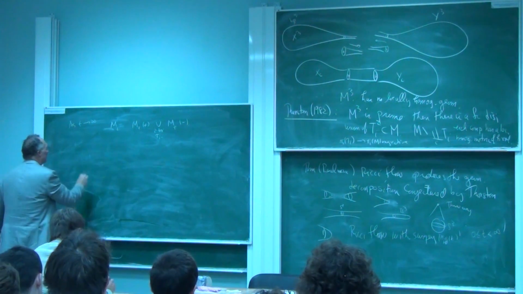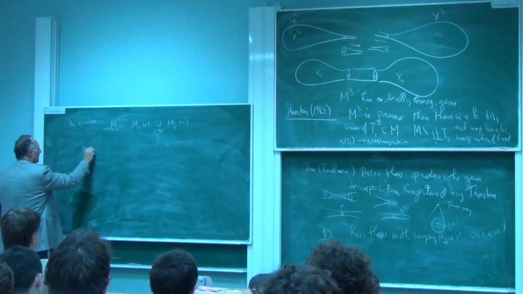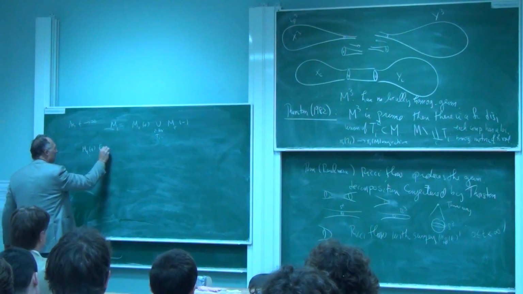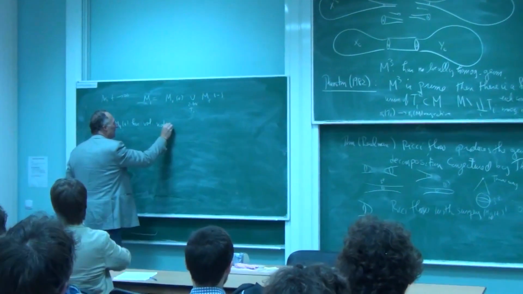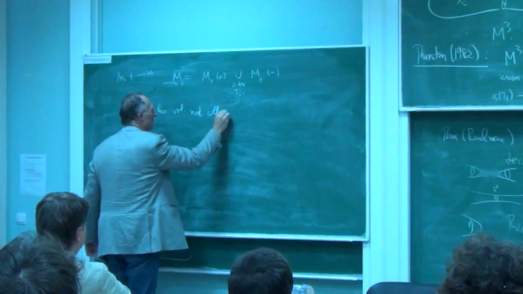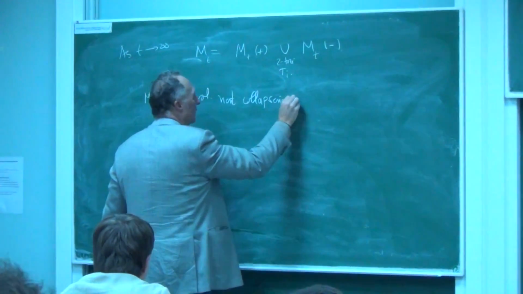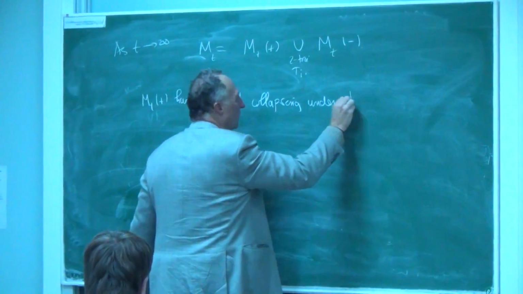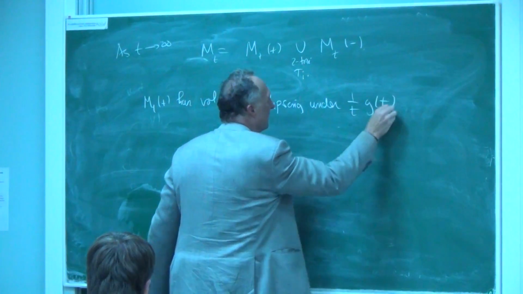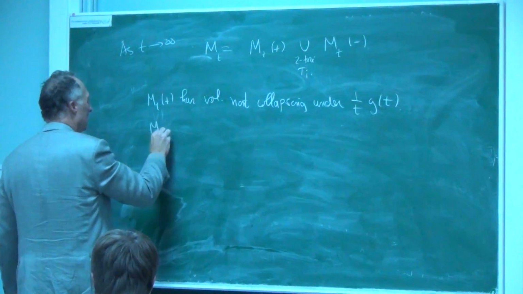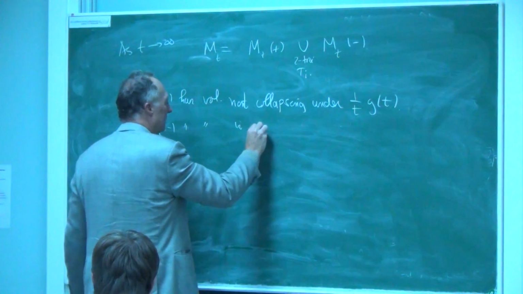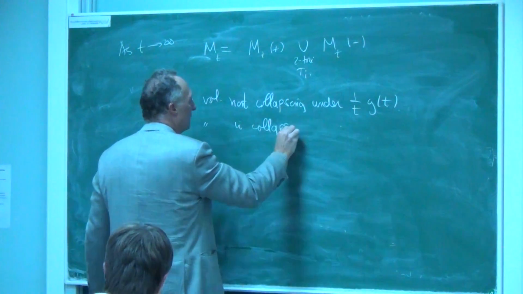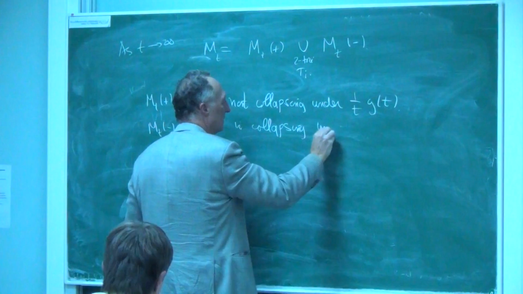Okay. So M_t plus has volume that's not collapsing locally under the metric 1 over t g(t), and M_t minus has volume that is collapsing locally under the same metric.